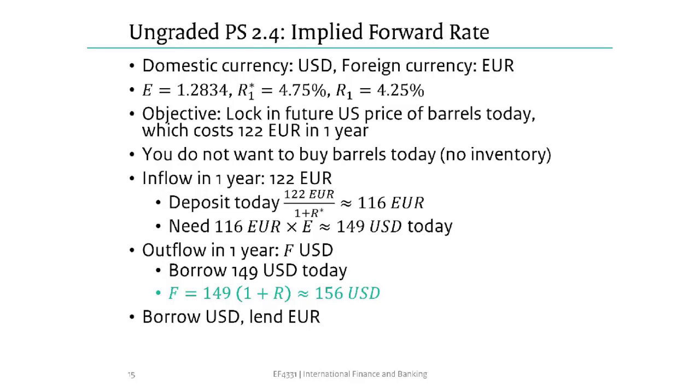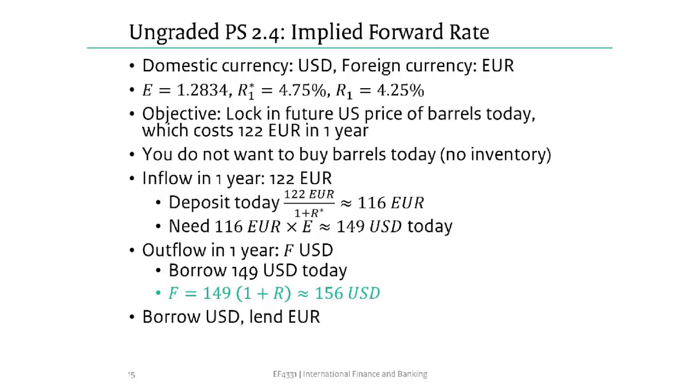Backwards induction, essentially. We figure out how much we need in the future, discount it so that we figure out how much we need to deposit today to let it grow into the future, convert it back to domestic currency, and then figure out how much we owe after borrowing that amount, whatever time horizon there needs to be.